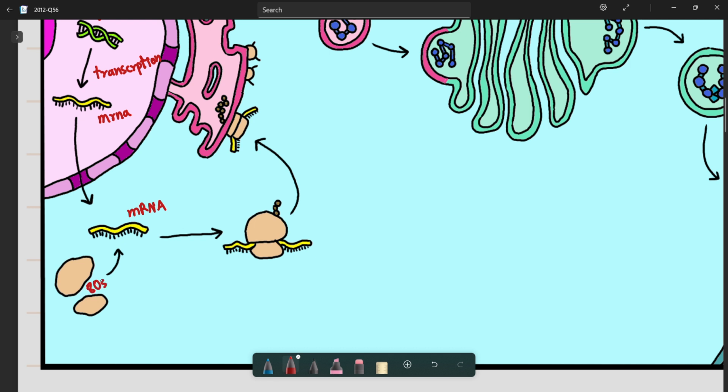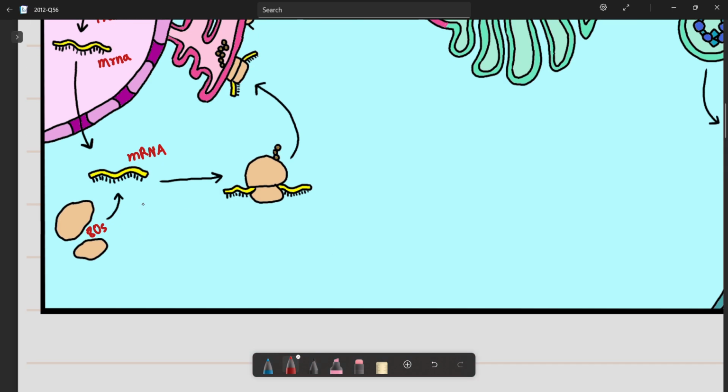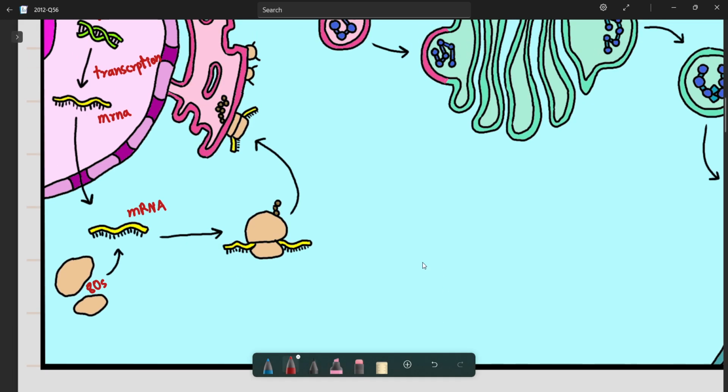Since we are discussing a eukaryotic organism, I should explain one thing very clearly: most of the translation process takes place first in the cytoplasm of the cell. So now it binds to the mRNA and begins its translation in the cytoplasm.